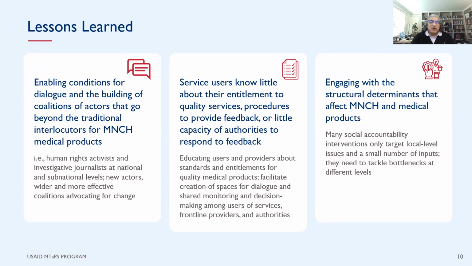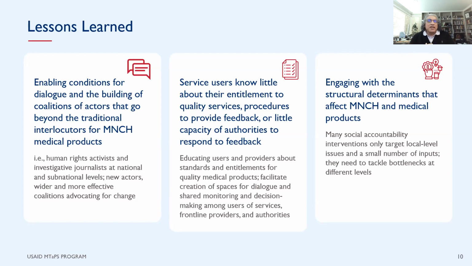The next important lesson is that we often start implementing social accountability with the assumption that because these communities are affected by poor services and many barriers to access, they are ready to engage in demanding accountability and improvement of services.